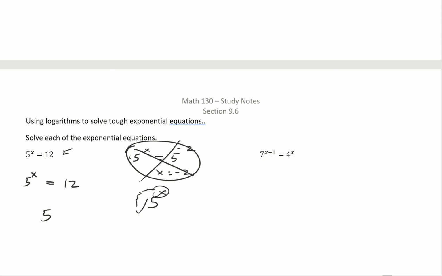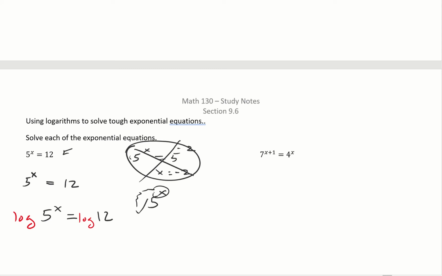Here's our equation again. 5 to the x equals 12. And I come sweeping in here, and I use one of 2 logarithms, which I think I'll just say, why don't you just use log? The next section will require taking the ln instead, which is easier. But we're going to log both sides of the equation. The numbers are equal, therefore their logs are equal.